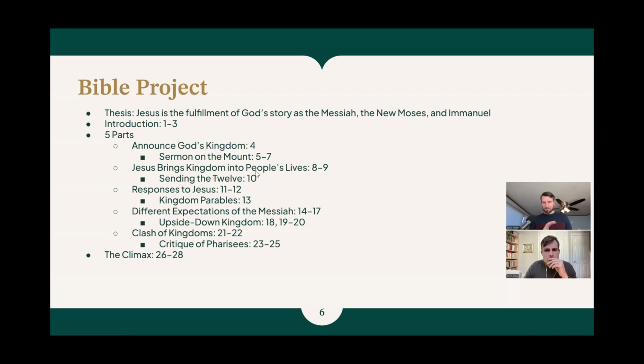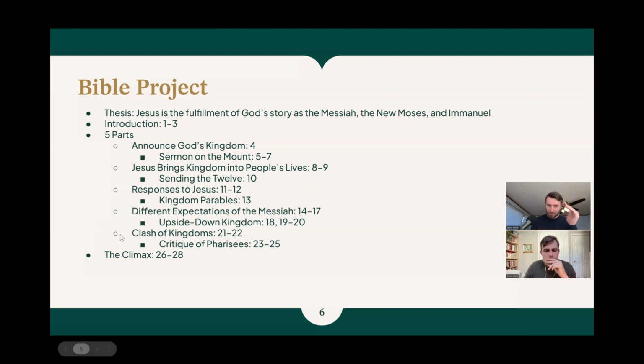And then they break the Gospel of Matthew into three main parts: the introduction, the middle part, and then the climax. The introduction being the genealogy, the birth, the baptism of Jesus, the climax being the crucifixion, resurrection, commission.